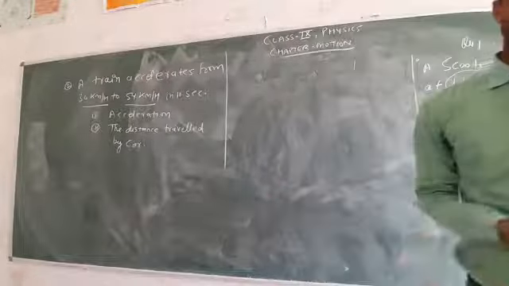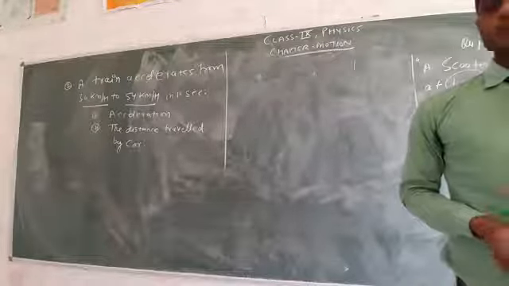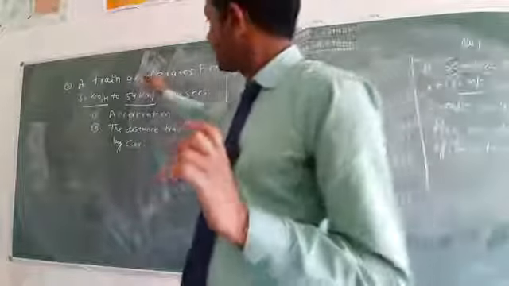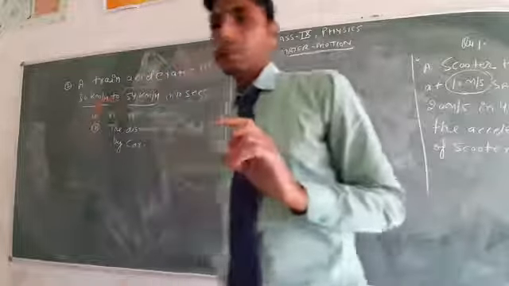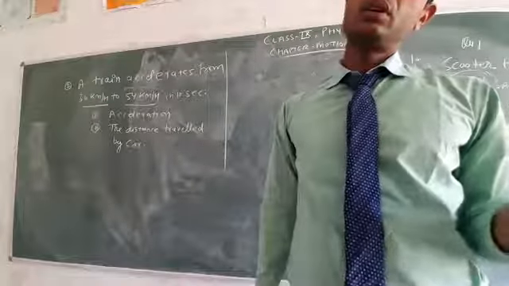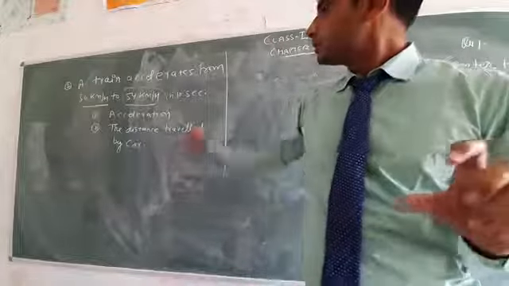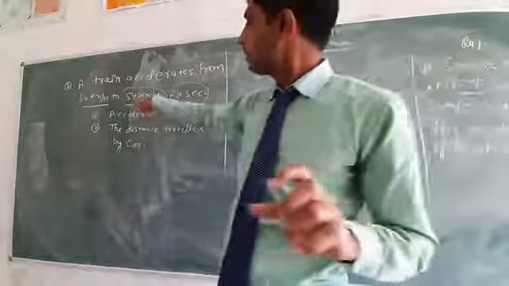What is the difference between this question and the previous question? The difference is that in this numerical the values are given in kilometer per hour, but in the previous question the velocity was given in meter per second, because time is given in seconds and velocity in hours.